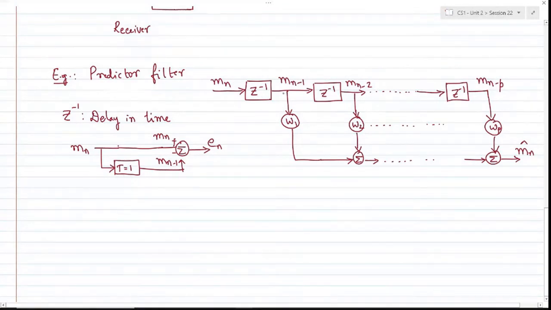If you try to delay for further time, you will take multiple samples, and the relation not just between adjacent samples, you will take the relation across several samples at a time. So if you consider such kind of complex scenarios, obviously the predicted output or the predicted mn cap would involve less amount of information compared to the original message signal.